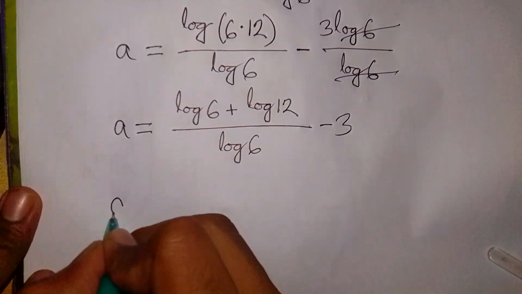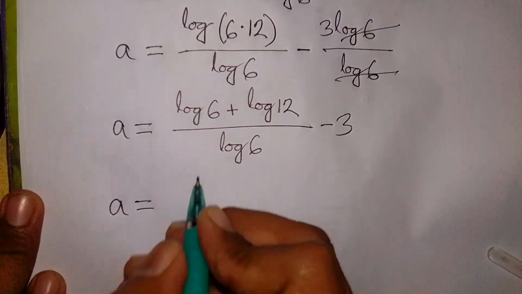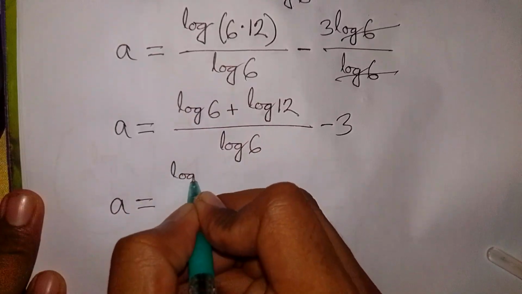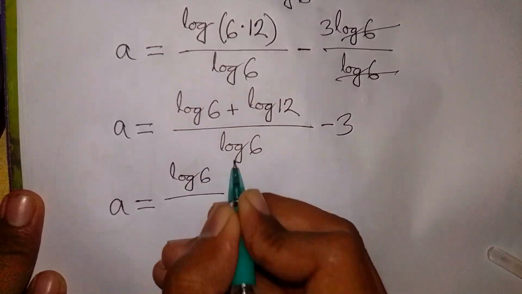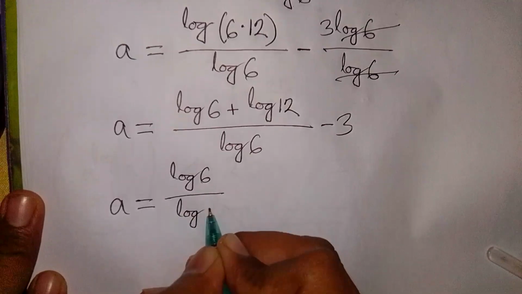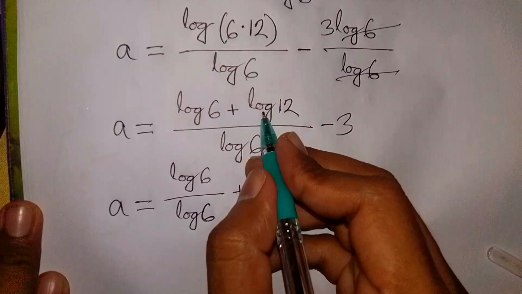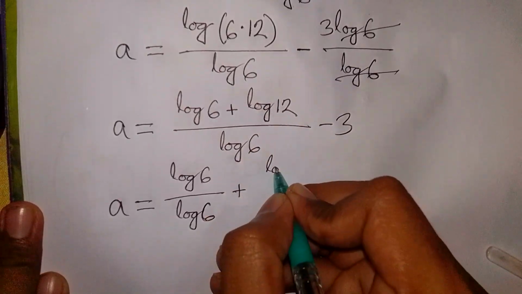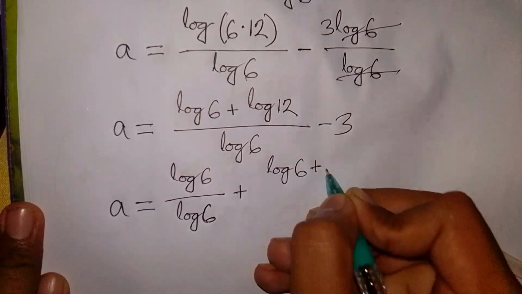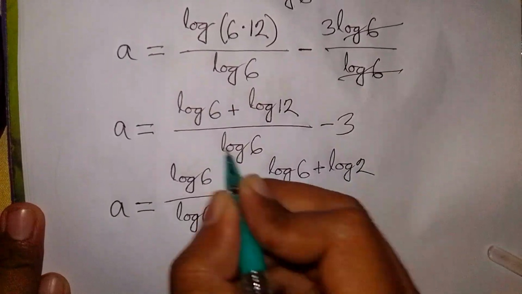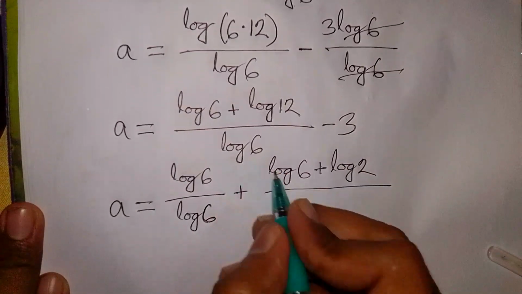In the next step, a is equal to log 6 over log 6, then plus log 12, which can be written as log 6 plus log 2, over this log 6.